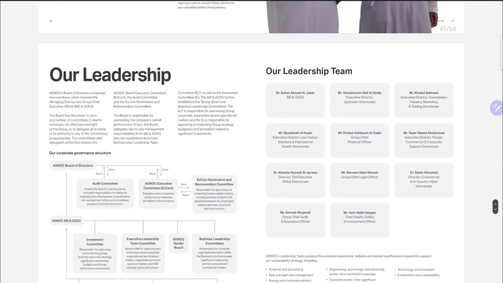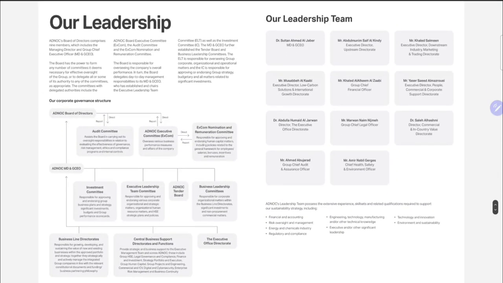Leadership, and you see the governance structure of the company, corporate governance structure, the annual ADNOC board of directors, MD and CEO, then different committees: audit committee, executive committee, remuneration committee, investment committee, business leadership committees.